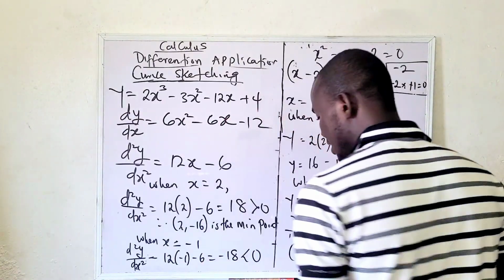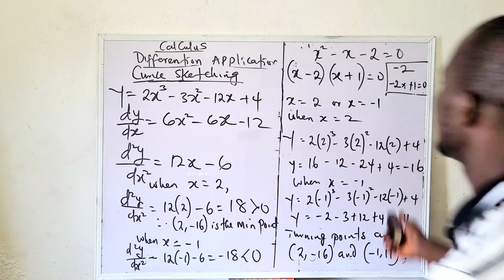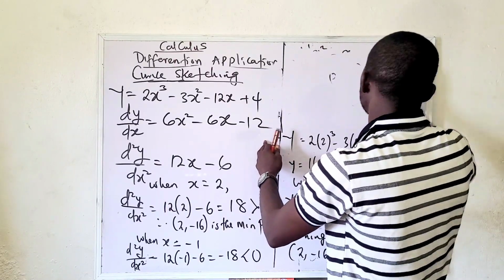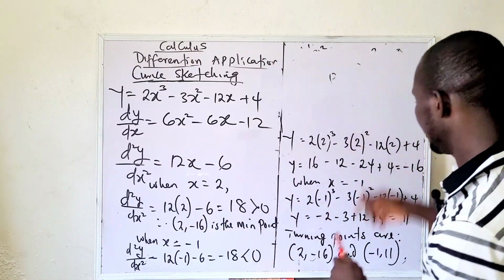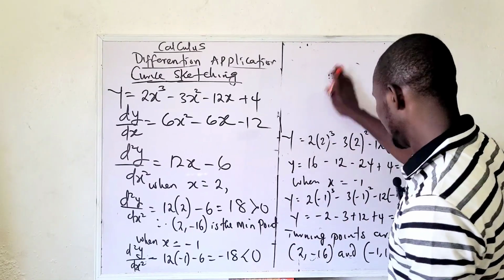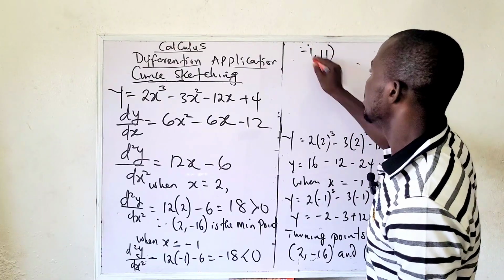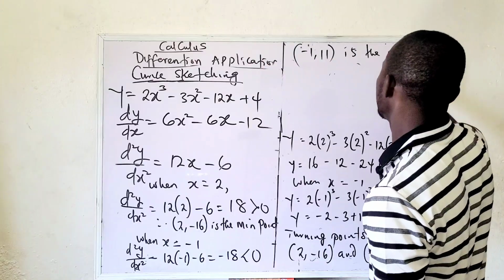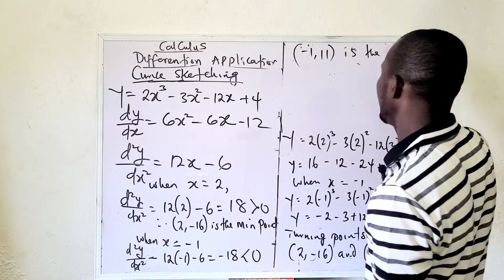If that is less than 0, that means whatever gave us the second point, that is minus 1 comma 11, is the maximum point. Maximum point, is that not?